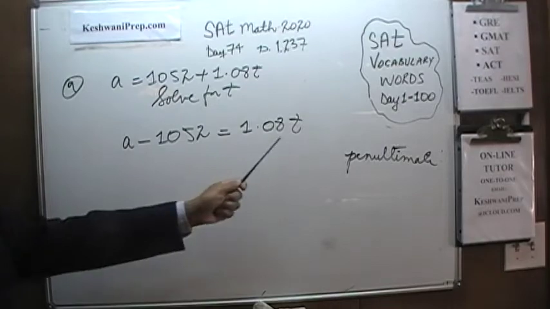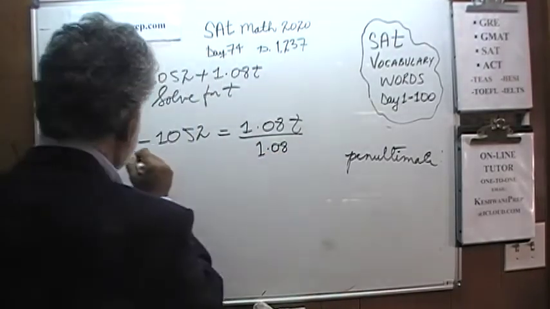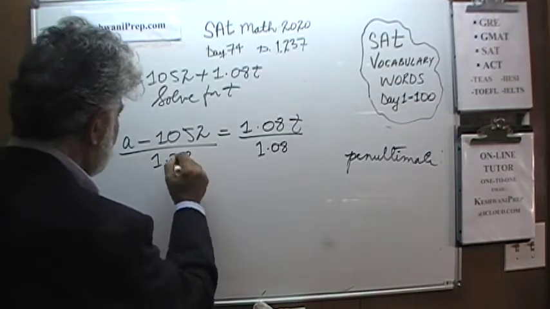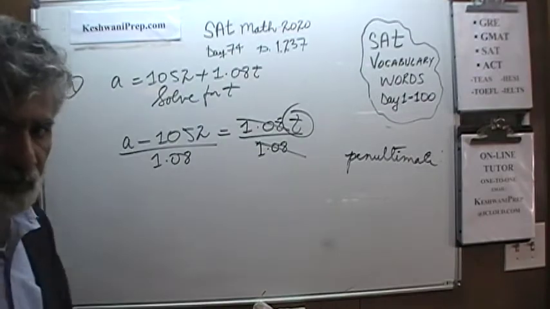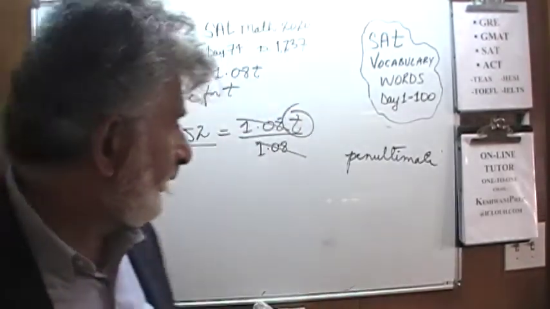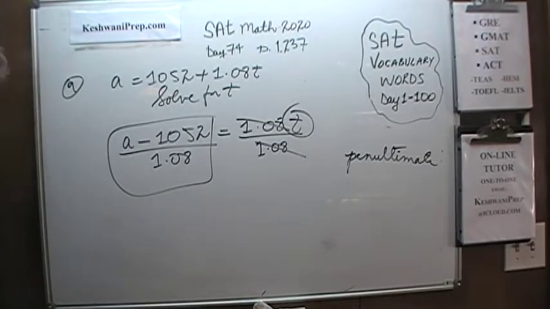We want to find t by itself. Let's divide both sides by 1.08. As we divide both sides by 1.08, this is going to drop out. We are left with t by itself, which was the whole point. And we have it. t must equal this quantity right here: A minus 1052 over 1.08.